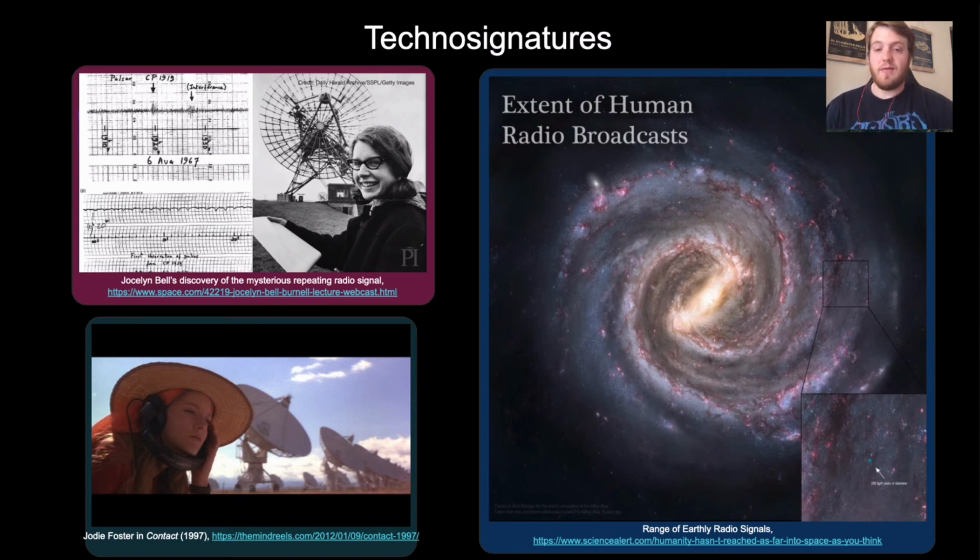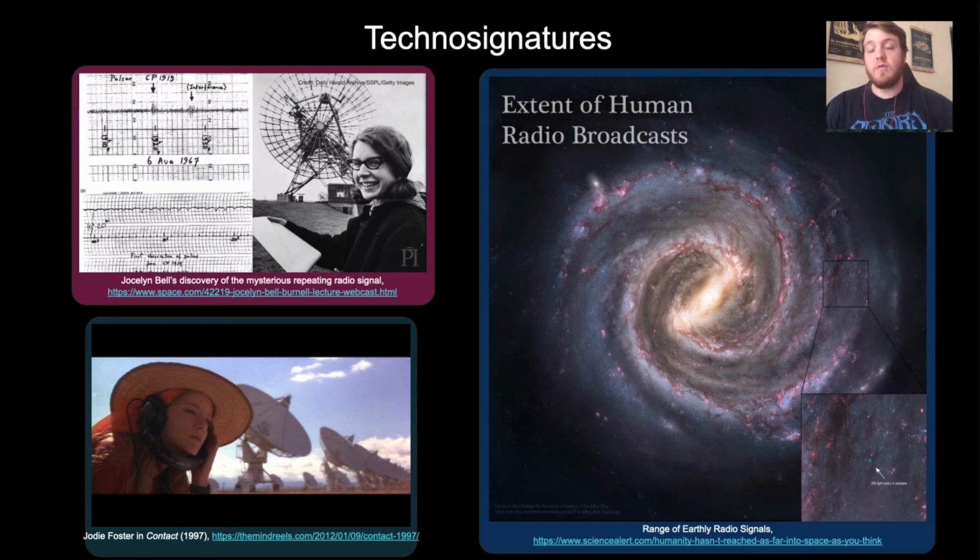Similarly, in the very popular movie Contact, made in 1997, written by Carl Sagan, Jodie Foster heard a similar radio signal, repeating prime numbers, and interpreted them as alien life. And of course, in that movie, it was in fact alien life.